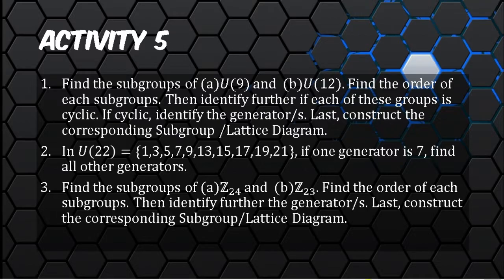The first one is to find all the subgroups of U of 9 and U of 12. Find the order of each subgroup. Then identify further if... So what we will use here is the manual method. You start by listing the elements first so you can see how many generators there are, I mean, the elements that will give the subgroups.